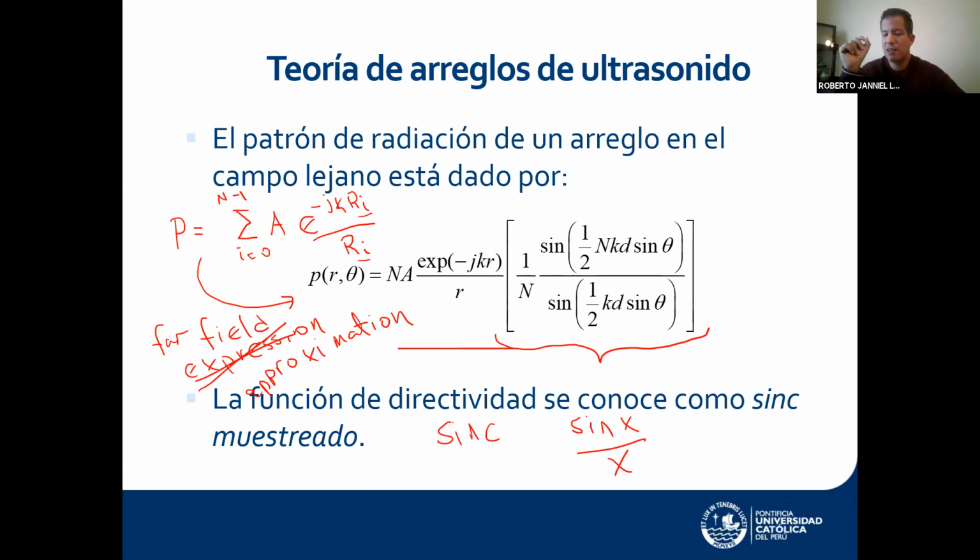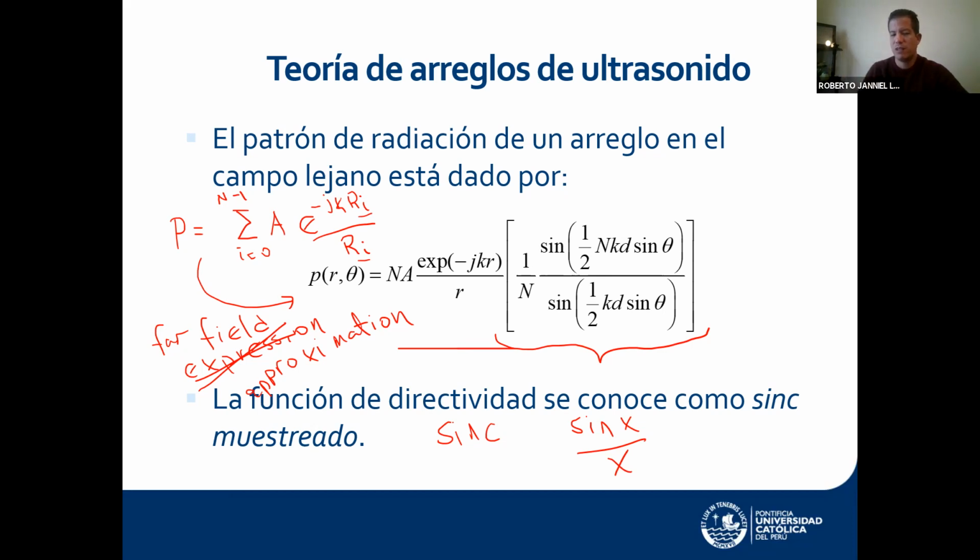We know that the sine in the denominator would become approximately equal to its argument. And if you pay attention to the numerator and the denominator under that approximation, the denominator would be the argument of the sine in the numerator, right?